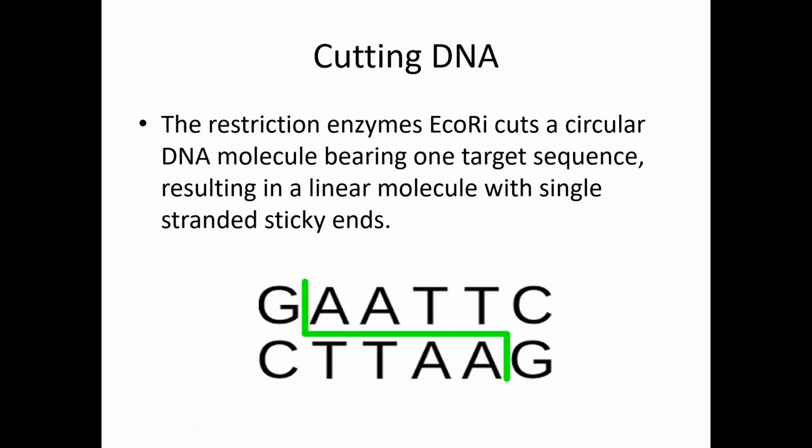Linear means the circular DNA becomes straight after the cutting, a straight molecule with single-stranded sticky ends. Single-stranded means a single strand, not a double strand, and the end will be sticky. So that is cutting DNA.